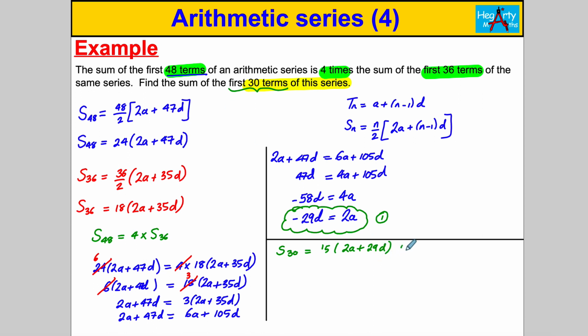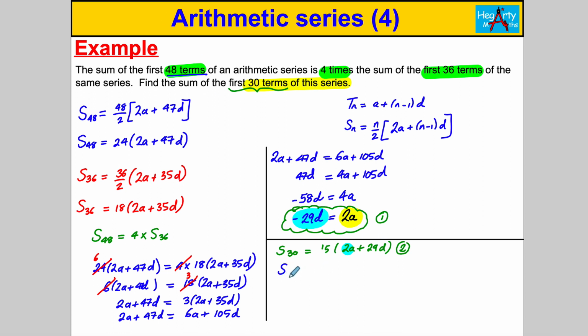And I'm going to label this 2 here. Now, something really useful has happened here, because in equation 1 I've got 2a is equal to negative 29d. And in the second expression here, I've got a 2a. I can substitute negative 29d instead of this 2a, and I'll be able to work out S30 in just terms of d, which is a lot better than in terms of a and d.